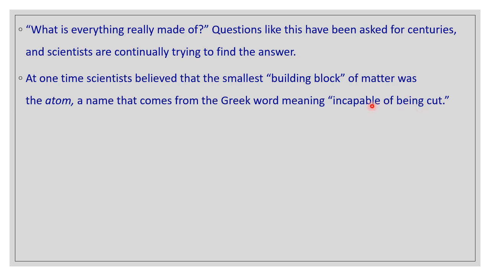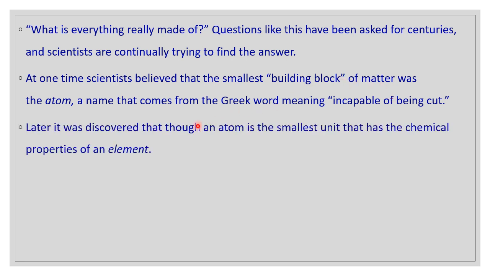From atomio, the last two letters are removed, so atomio has modified into atom. So atom has come from the Greek word tomio. Atom means the final particle which cannot be broken further.